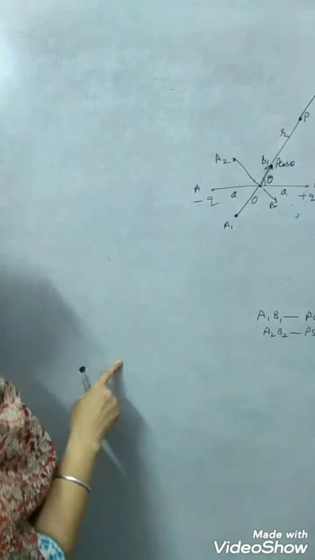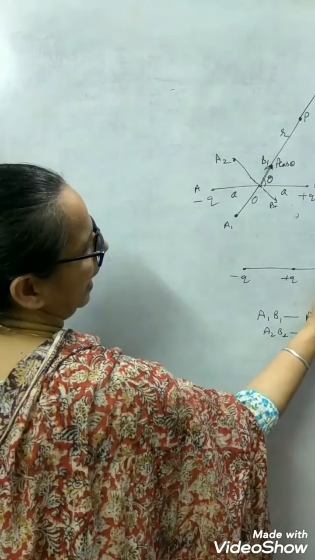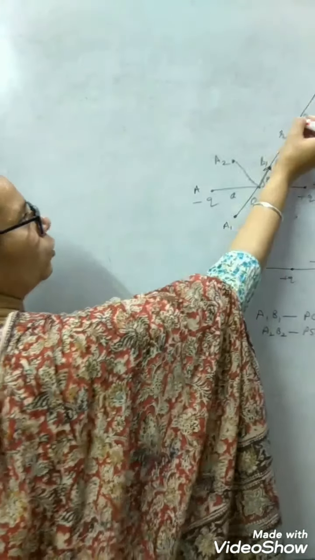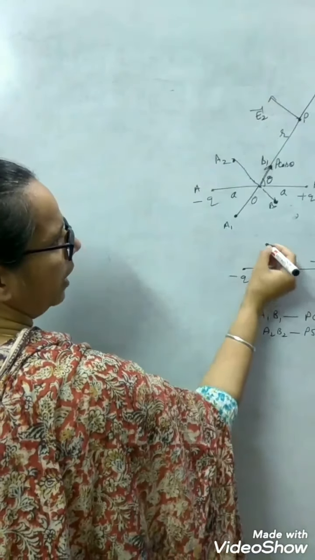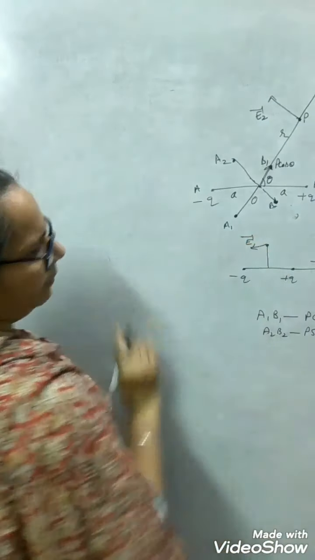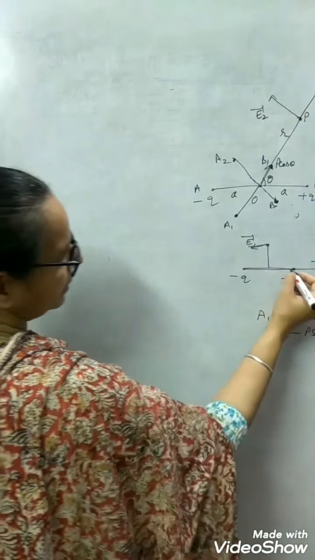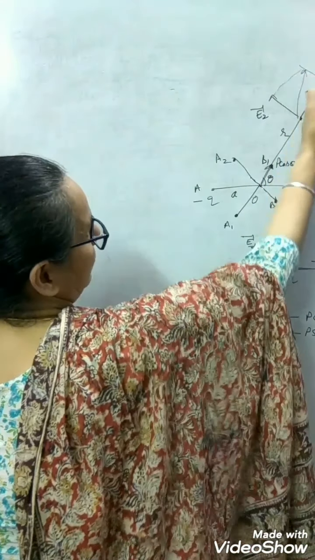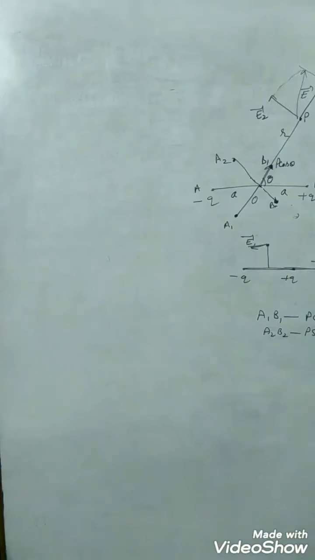In the last article we considered minus q plus q on the axial line, and here for A2B2 it is the equatorial line, giving E2. So we get the resultant electric field, E vector.